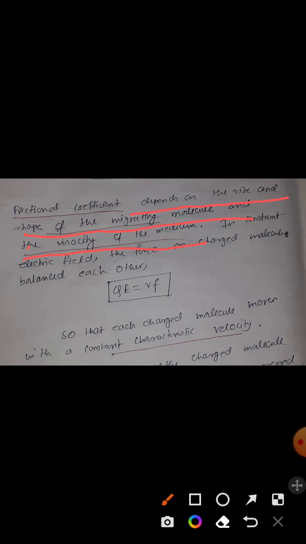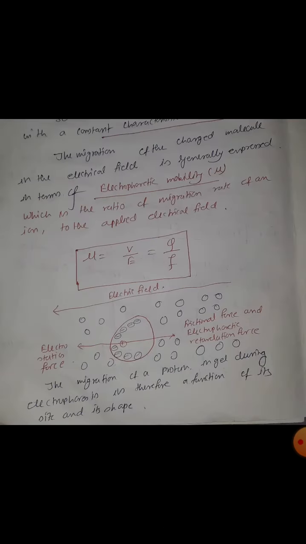In a constant electrical field, the forces on the charged molecule balance each other. That is, in a constant electrical field we will have QE equal to Vf, so that each charged molecule moves with a constant characteristic velocity. This is the condition in which each charged molecule will move through the electrical field at a constant characteristic velocity.